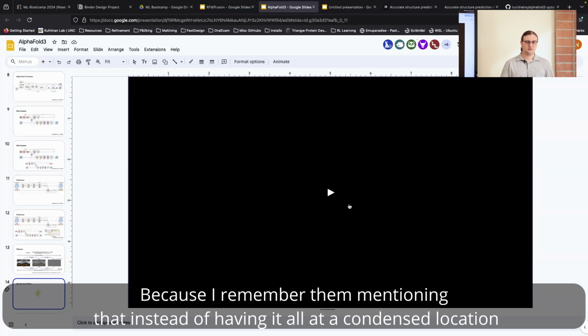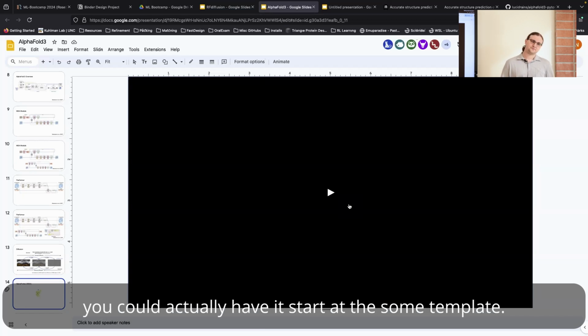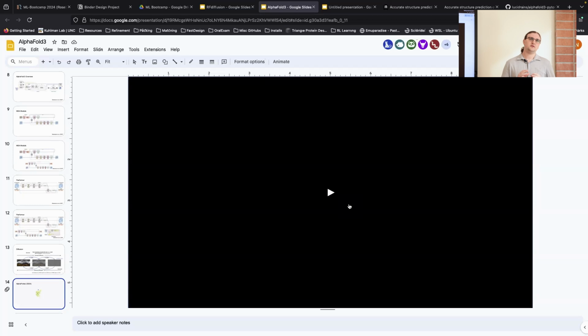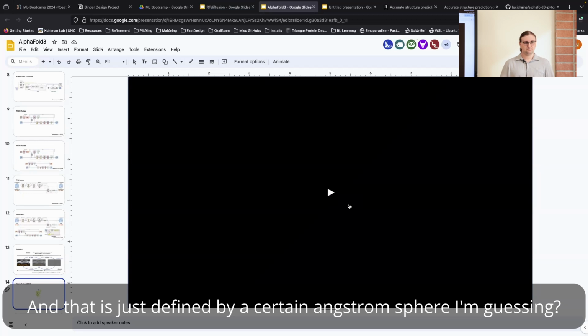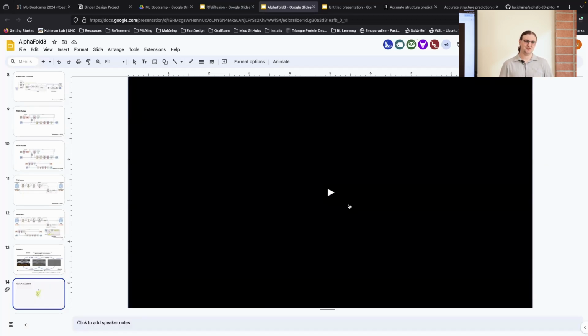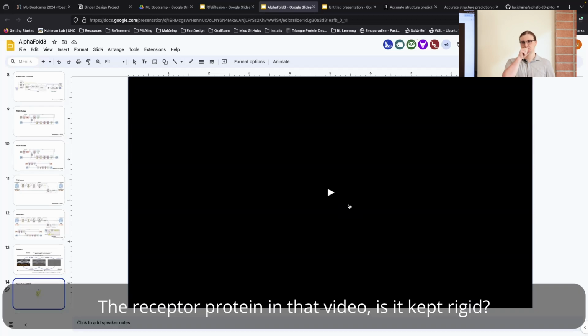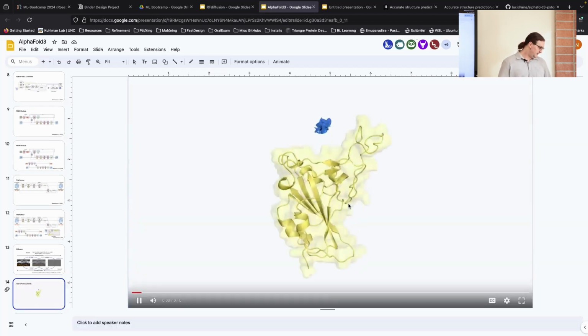I remember Ben mentioning as well that instead of having it all at a condensed location, you could actually have it start similar, like a template, for example. Yeah, so they typically just start from a standard Gaussian distribution. And then that just is defined by a certain angstrom sphere, I'm guessing? Yeah, pretty much. So the receptor protein in that video, is it kept rigid? In this case, it is, yes.